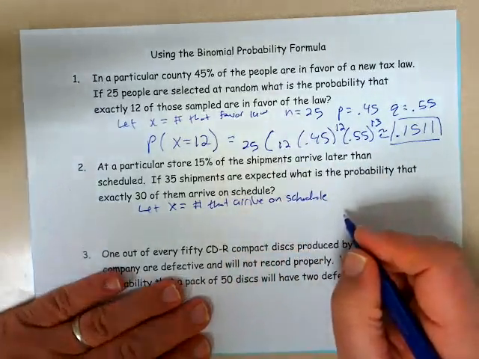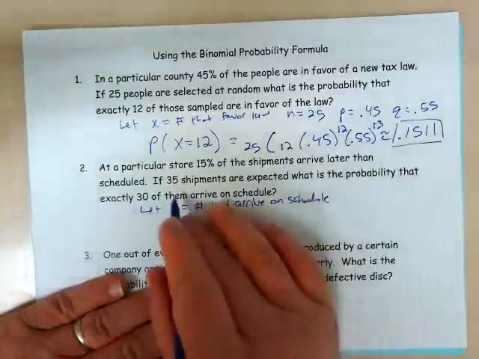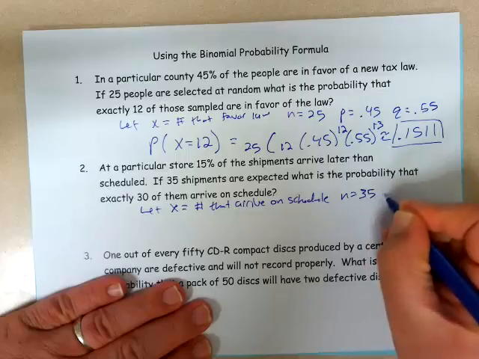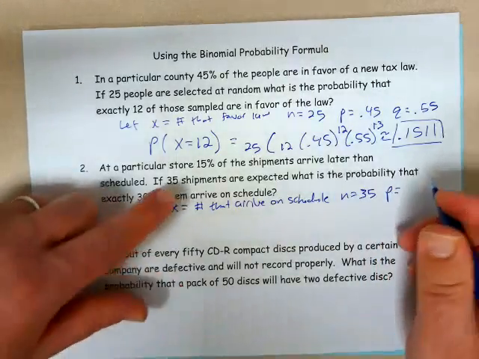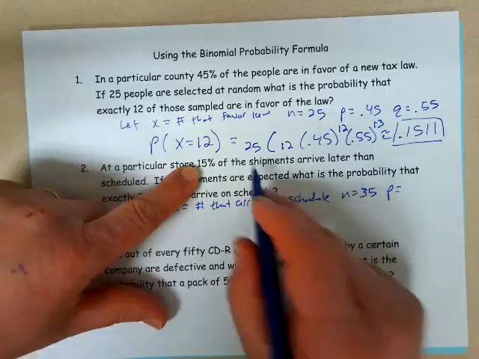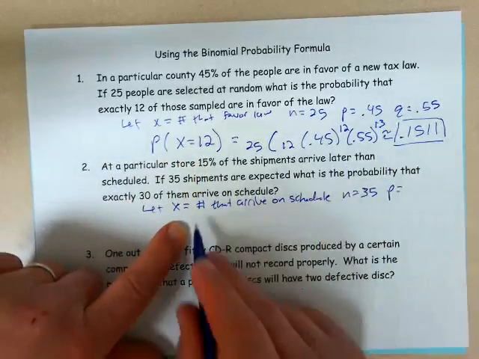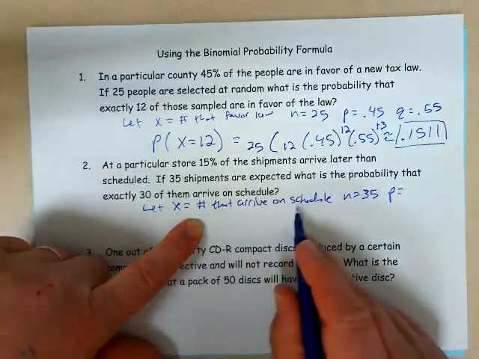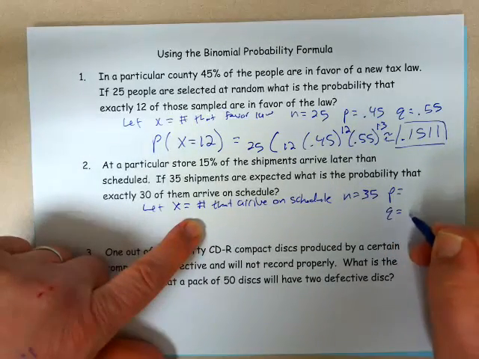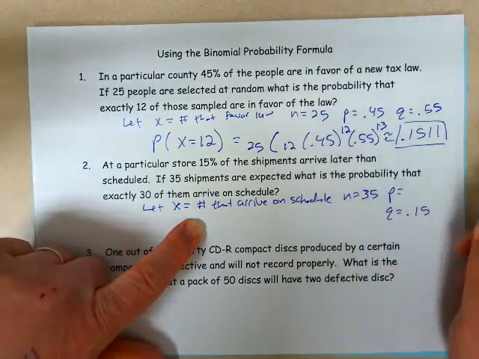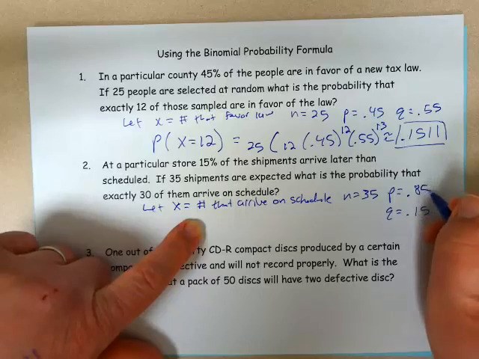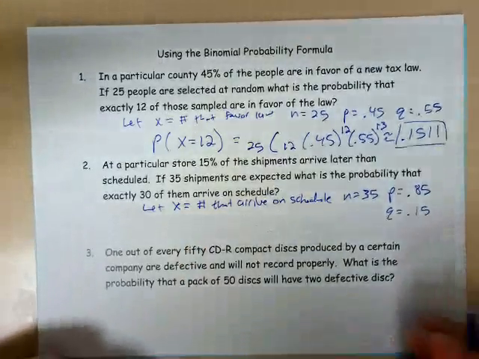Each shipment is a trial, so there are 35 trials. Now, what's the P? Is the P the 15%? Actually, the 15% is the number that arrive later than schedule, but my success is that they arrive on schedule. So they actually gave us Q in this case, the 15%. We have to mind our P's and Q's, right? And the probability that they arrive on schedule is 0.85.